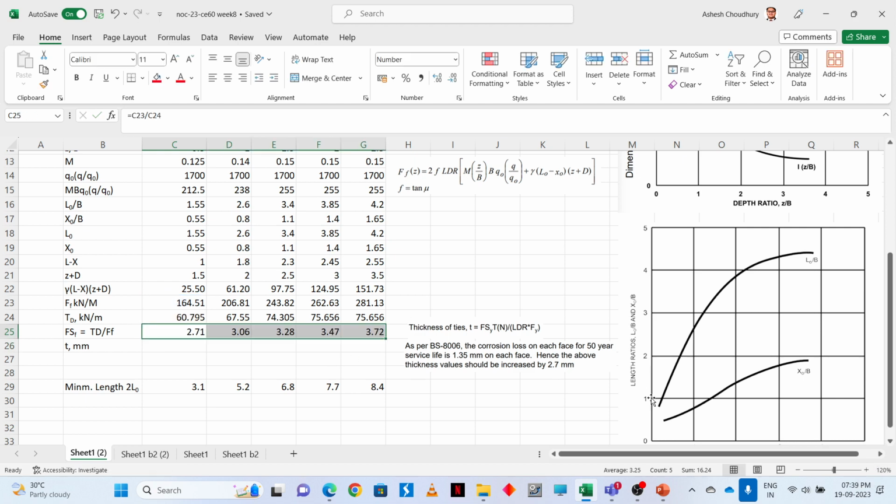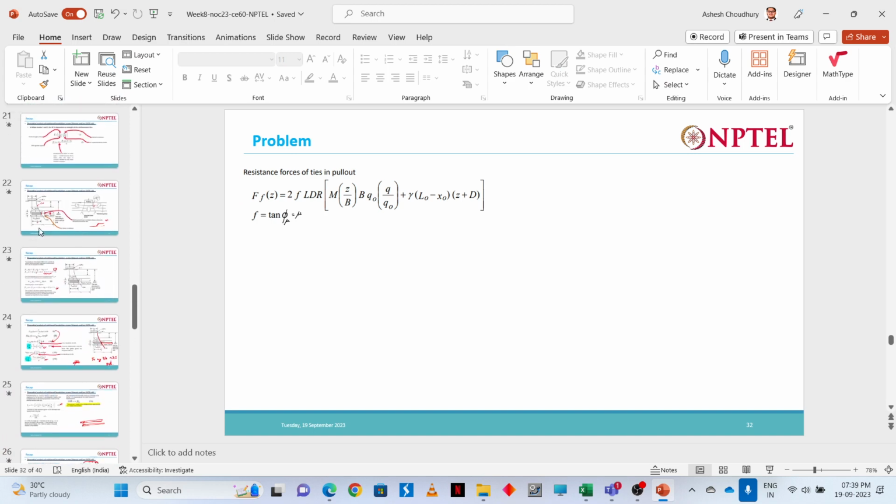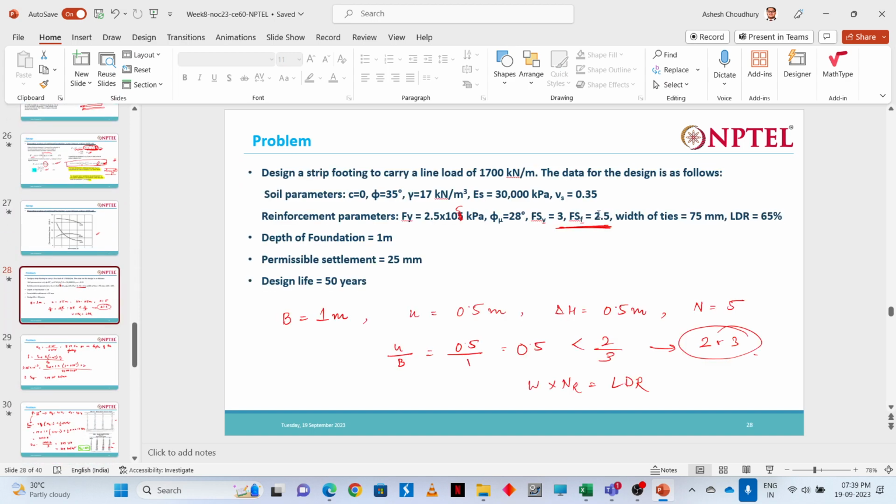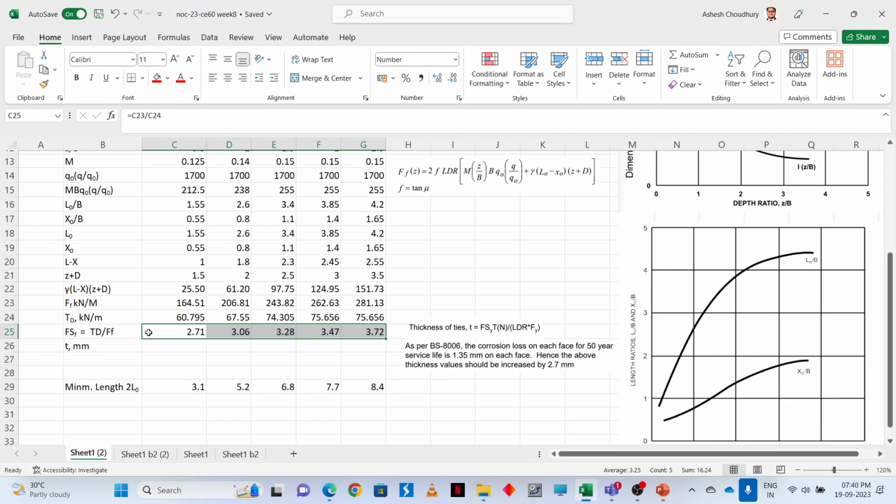The desired factor of safety given in the question is a minimum of 2.5. You can see that using this we are getting a factor of safety higher than 2.5 in all the layers. Done, right?